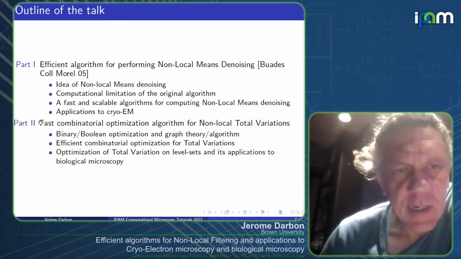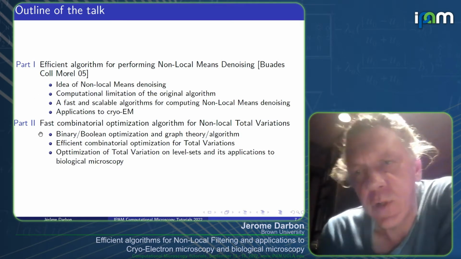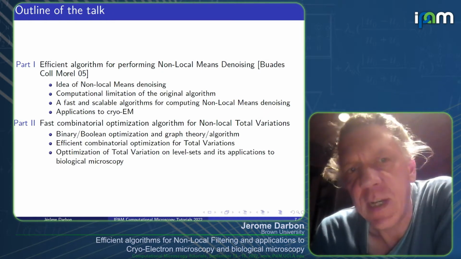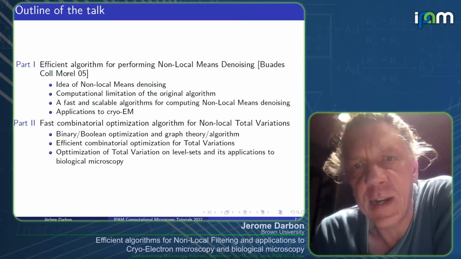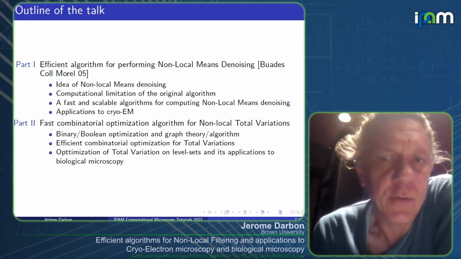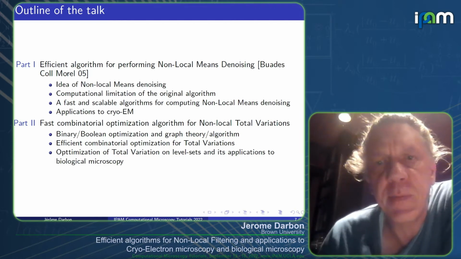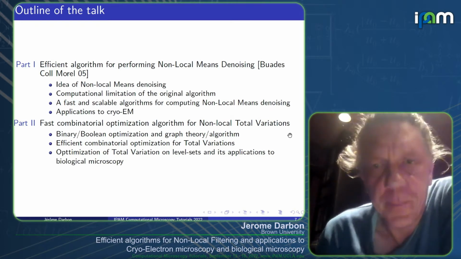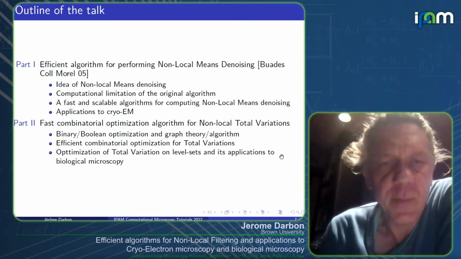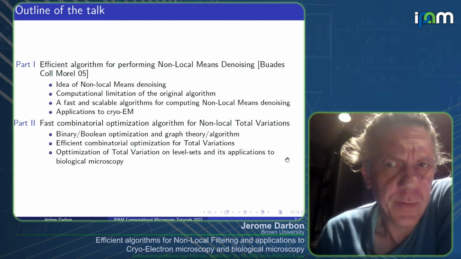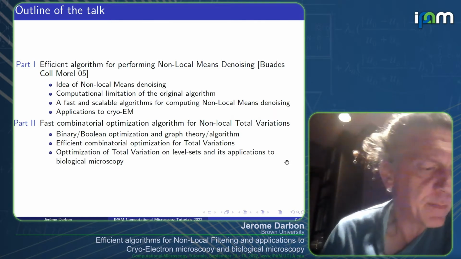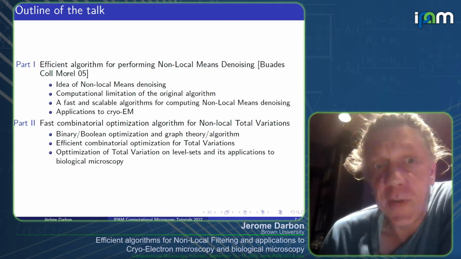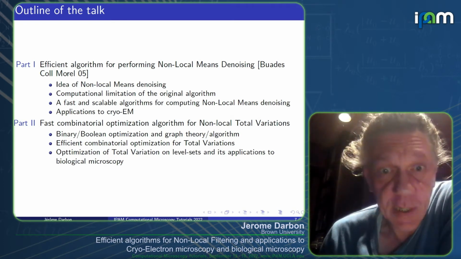And that will yield optimization problems that are known to be difficult to solve, but I will show you how we can leverage graph theory and graph algorithms to optimize these non-local total variation models. And then I will apply it to some biological microscopy. Feel free to interrupt me if you have any questions.